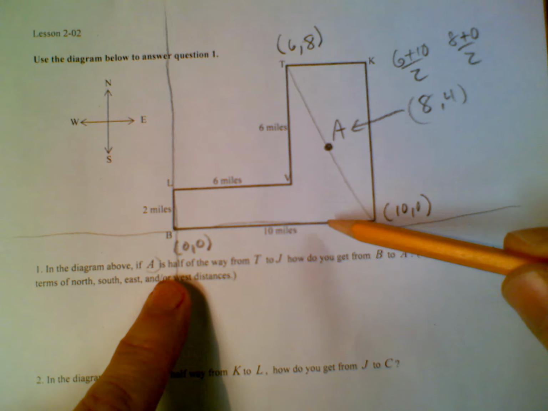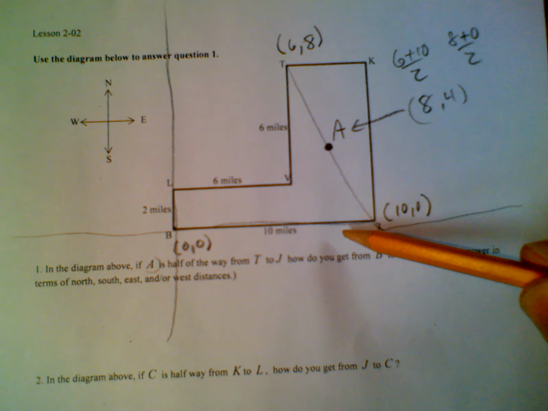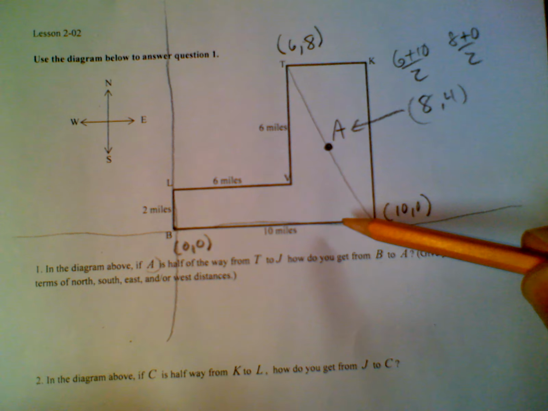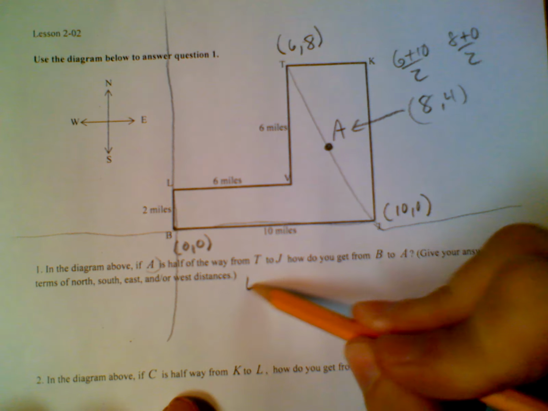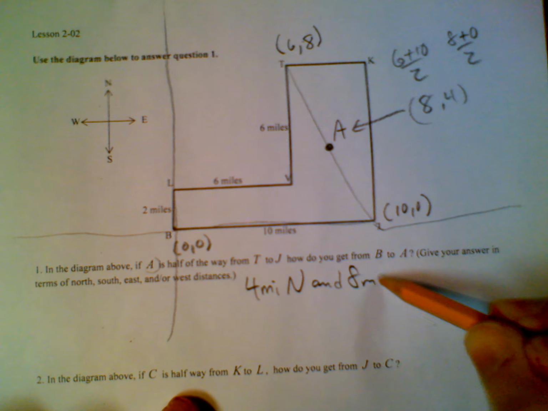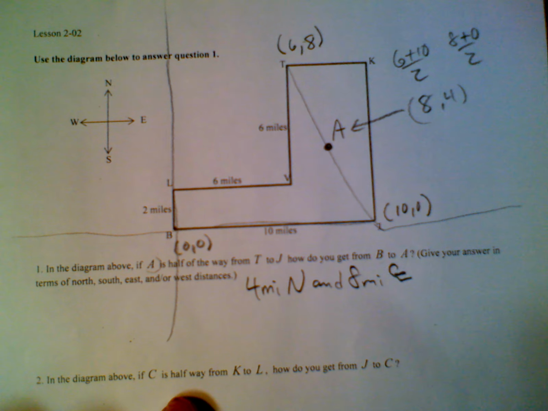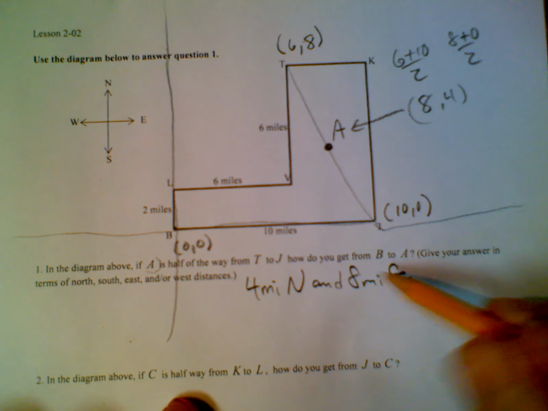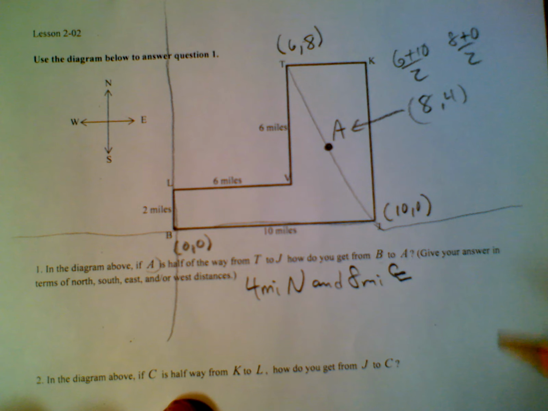But, we usually give the x coordinate or x direction first, but it really doesn't matter to me. You could say 4 miles north and 8 miles east, or you could say 8 miles east and 4 miles north. Either would be fine with me, okay?